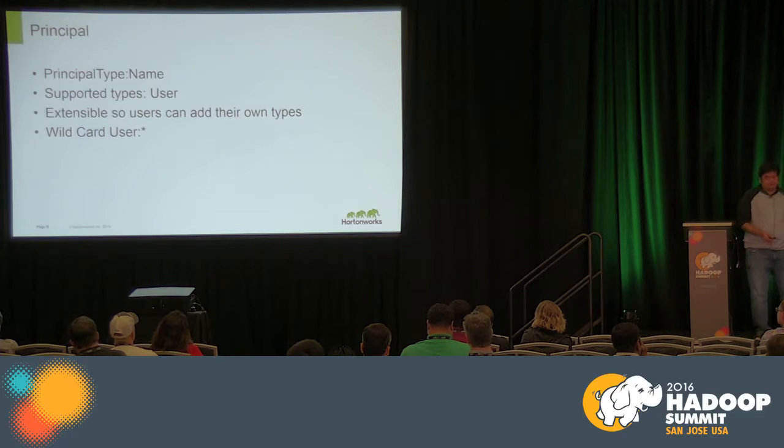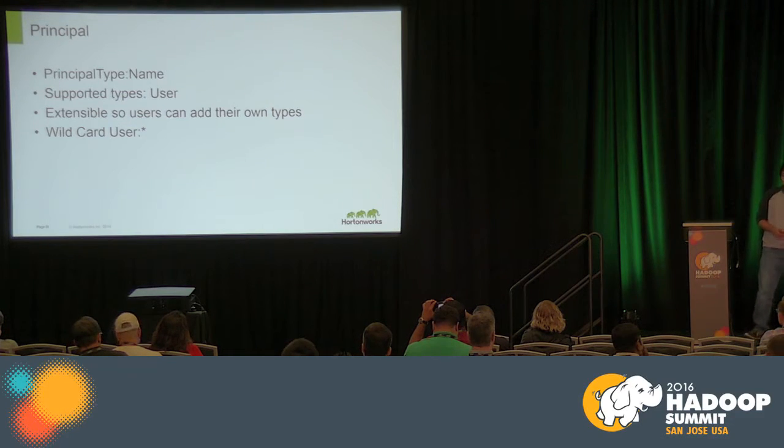The principal, which is the first part, is represented as a principal type colon name. Right now, Kafka only supports user, but because this is an extendable framework, you could plug in any other type that you like. We have an open PR for group support, which has been open for a long time. Once we have group support, you can also specify Unix groups, where a group will have access to certain topics.